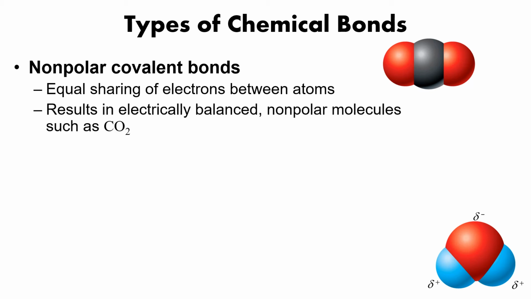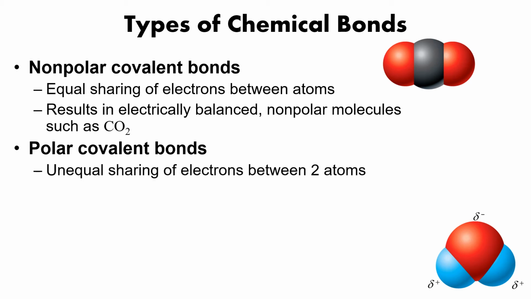So for example, one nonpolar molecule that we'll talk about a lot is carbon dioxide. So carbon dioxide has 1 carbon and 2 oxygens, and they're going to evenly share those bonds. The second type is called a polar covalent bond, and polar covalent bonds involve an unequal sharing of the electrons between 2 atoms.